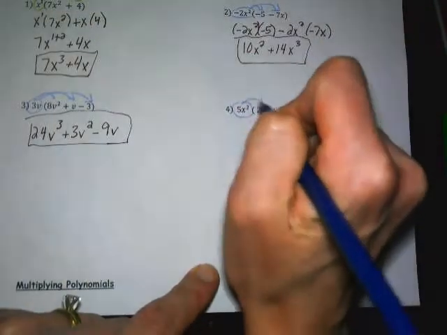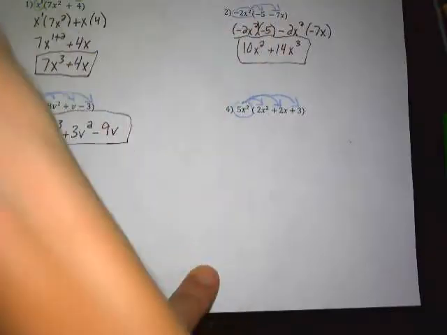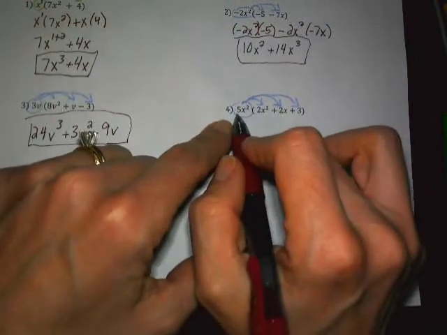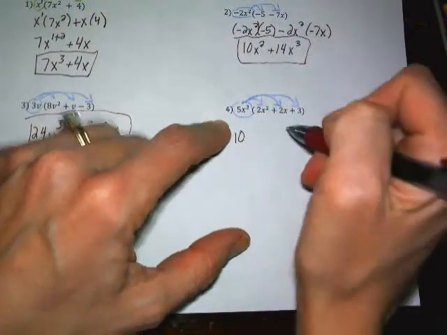Number 4. Five times 2 is 10. Then we look at our x terms.